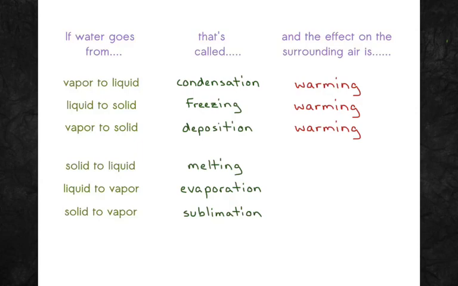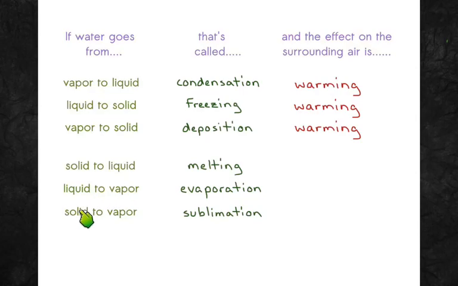By contrast, here on the bottom part of the table, we're doing the opposite. For each one of these, we're going from a lower energy, more constrained state, like solid, to a higher energy, less constrained state, like liquid. And similarly, going from liquid to vapor, right? We're going from the lower energy state to the higher energy state.